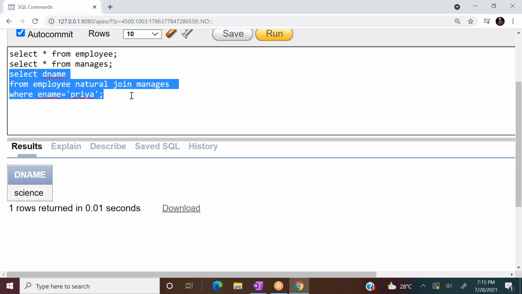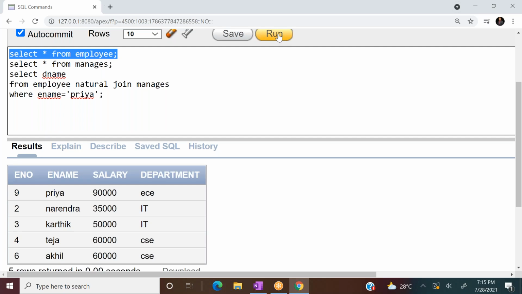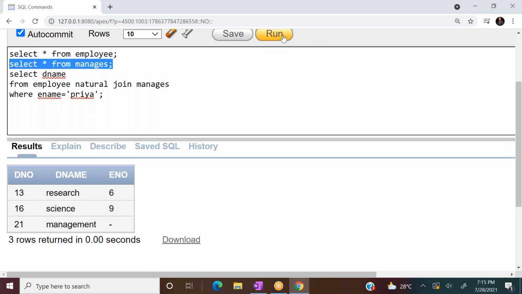Next, let me ask you one question. Look at this, this is employee table. And this is Priya, Narendra, Karthik, Teja, and Akhil. And this is managers table. Here, research, science, and management is there.